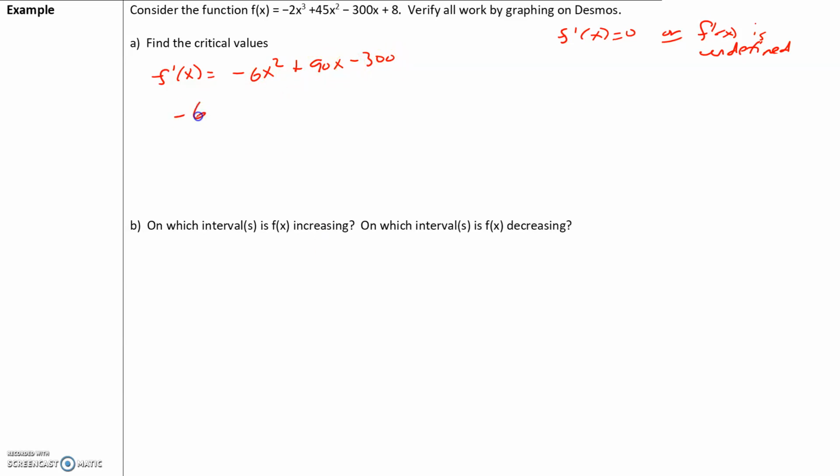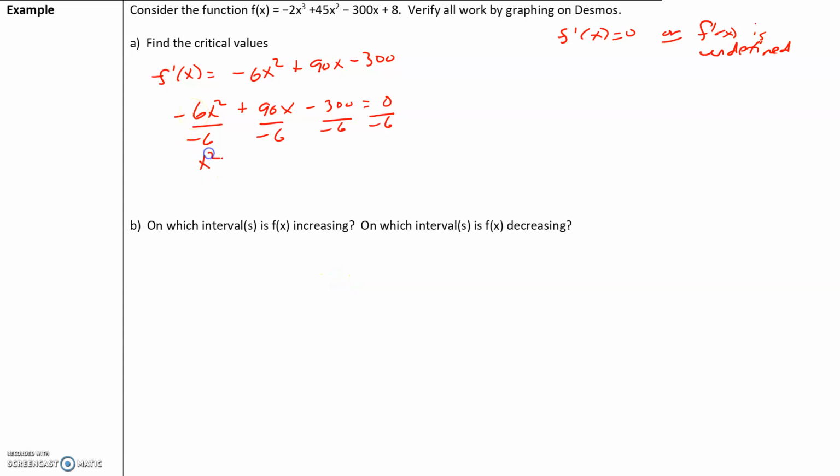So we can take the first derivative and set it equal to 0. Once again, your options are factoring, the quadratic formula, or graphing. Before you do anything, just reduce this to a simpler equation. So we divide it all by negative 6. The reason we divide by negative 6 is so the x squared can be positive.